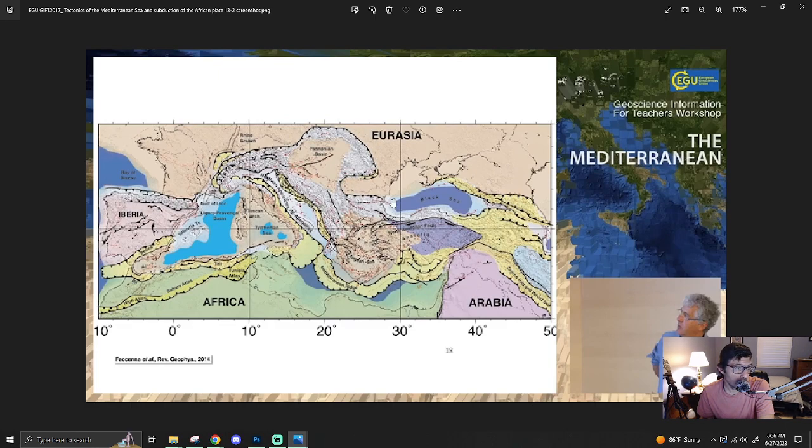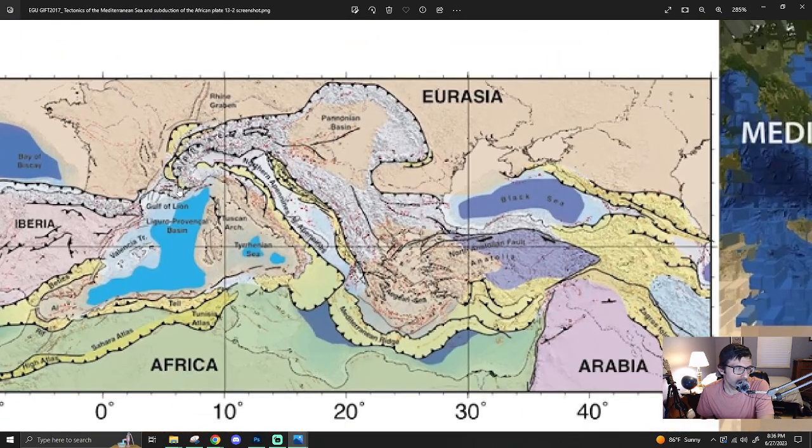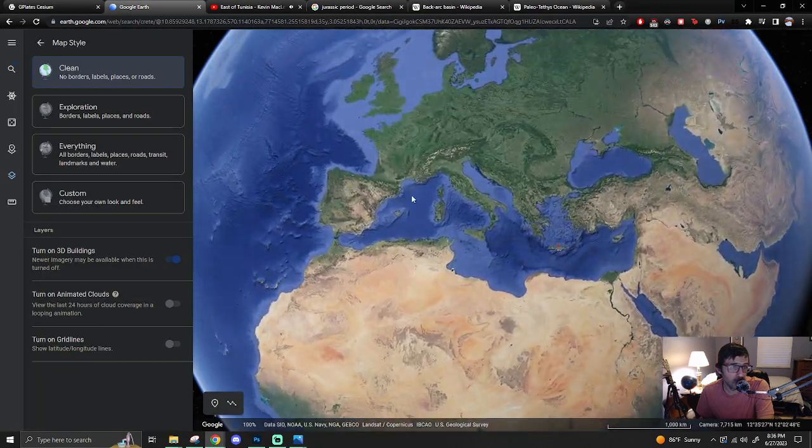So, fault lines again, different sections. Iberia, worth noting. Iberia is, I guess, Spain and Portugal. It looks like it has that inlet we talked about, although it might not be in quite the same location.